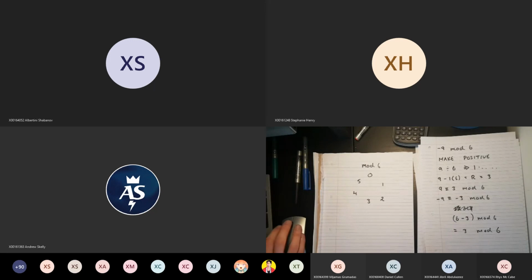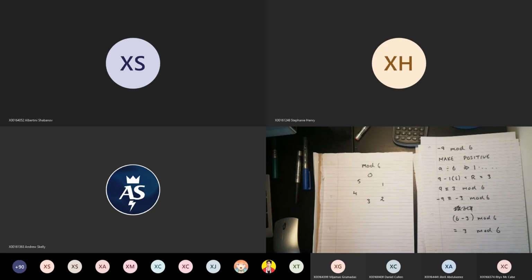So that is the idea of how I'm actually going to go and find the remainders and find general congruences. And I'm going to show you one last little trick, which is very helpful.